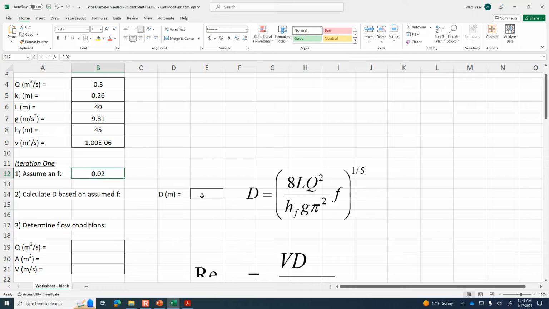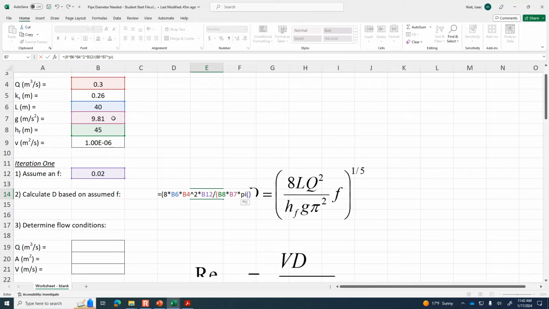It is 8 times L times Q squared times F, that's also in the numerator, divided by H sub F times G times pi squared. And then all of that is to the power of 0.2. So 1/5 power would be to the power of 0.2.